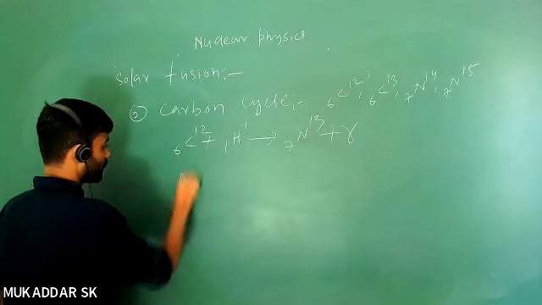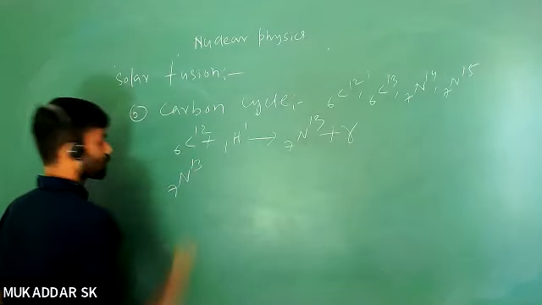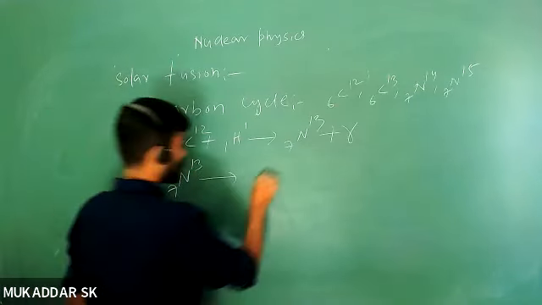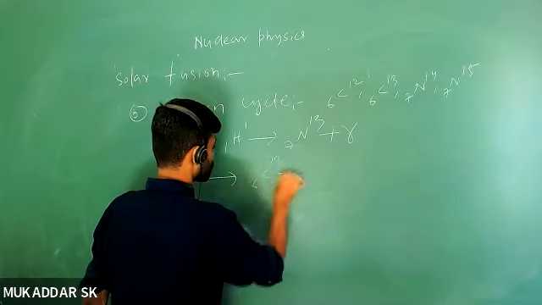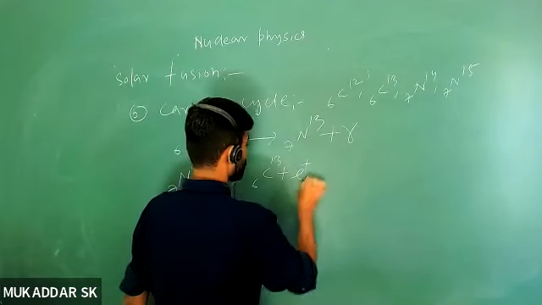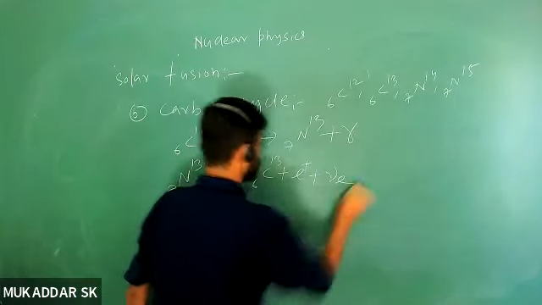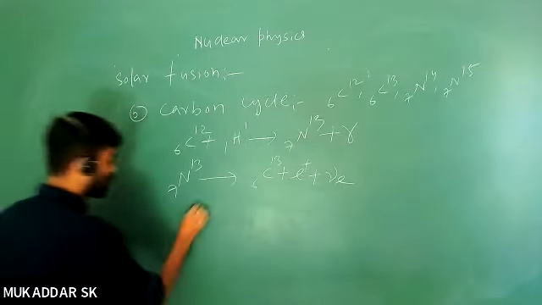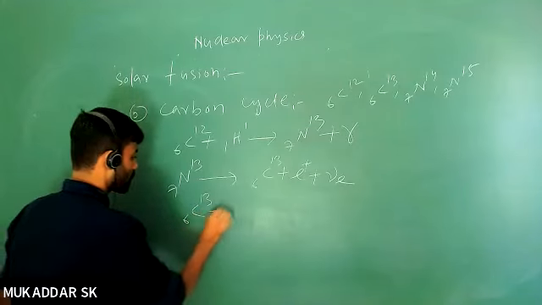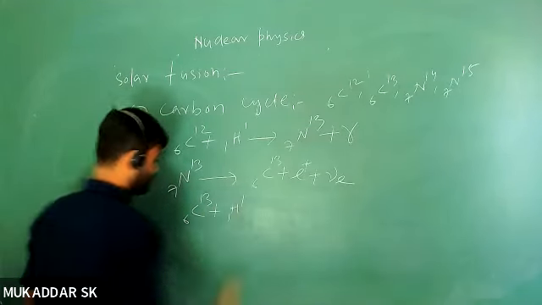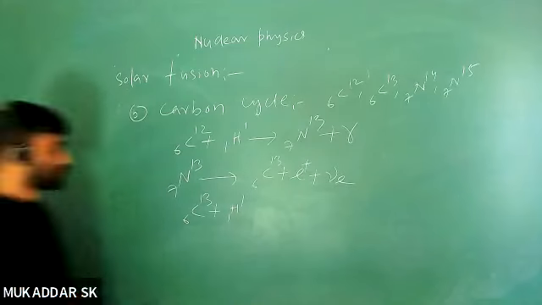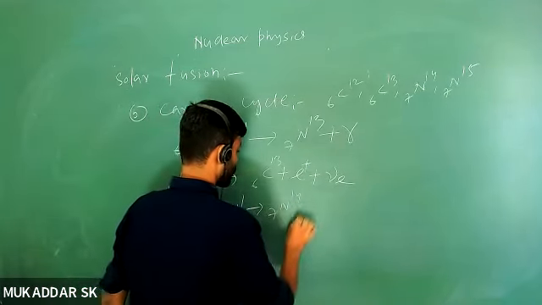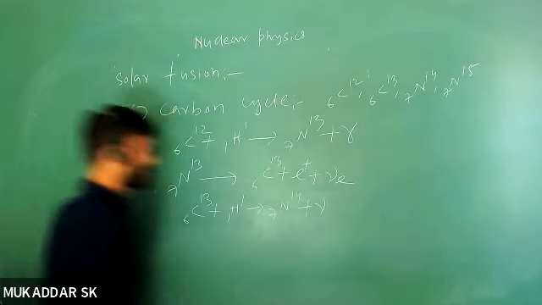Now nitrogen 7, 13 will decay to carbon 6, 13 with emission of positron and neutrino. Now carbon 6, 13 will combine with one hydrogen, and it will give you nitrogen 7, 14 with gamma.